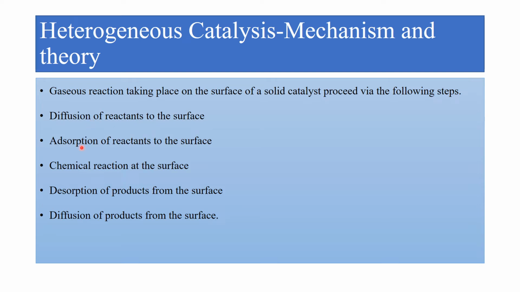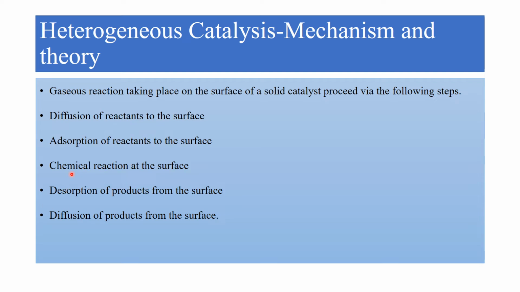Next is the adsorption of reactants to the surface. That is, the molecules then get adhered to the suitable sites available for adsorption. Third one is chemical reaction at the surface.